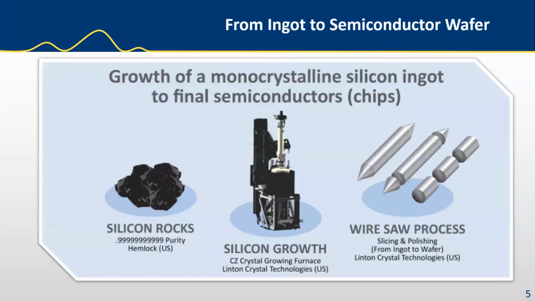So growing the ingot, the preferred method of ingot growth for the semiconductor industry is the Czochralski process. First, rocks of pure silicon, that's 99.99999% pure, are placed in a quartz crucible within a specialized vacuum furnace. This is then heated to about 2,597 Fahrenheit, about 1,425 Celsius, and it melts the silicon.